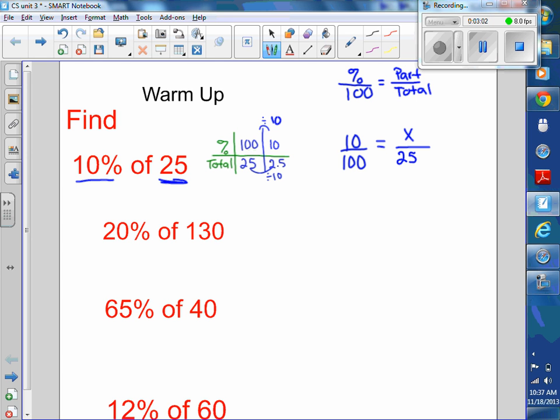So some people prefer to set up a ratio and proportion. Does that make sense? And that's fine. That's why we teach you different tools, to get you to use one that is useful. And so with the ratio and proportion, we learned how to solve those different ways. One way was we got a common denominator.